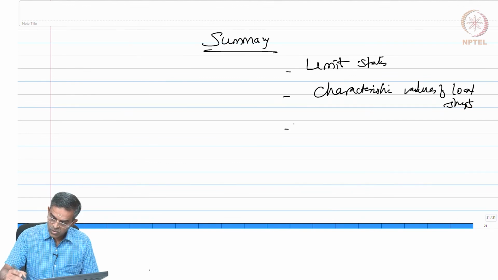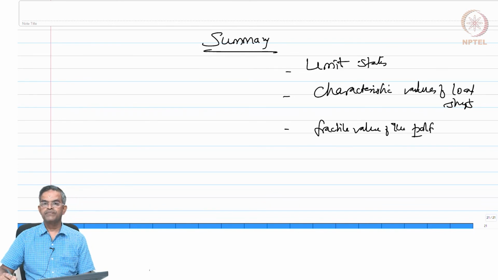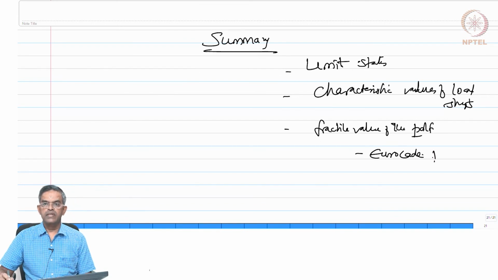We also understood the fractile values of the probability distribution function, and we realized that different codes designate different fractile points to estimate the characteristic values of the loads and the strength of the material.